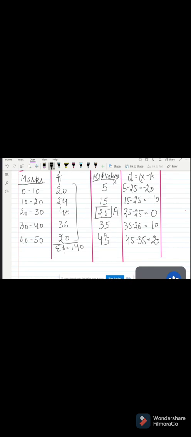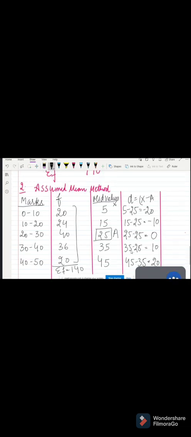And how to calculate FD, the multiple of deviation with frequency? Just simply frequency multiplied by deviations. So deviations are minus 20 here and frequency is 20.